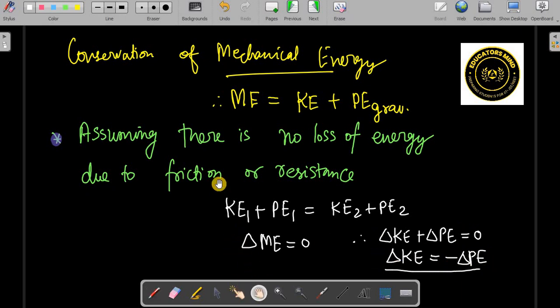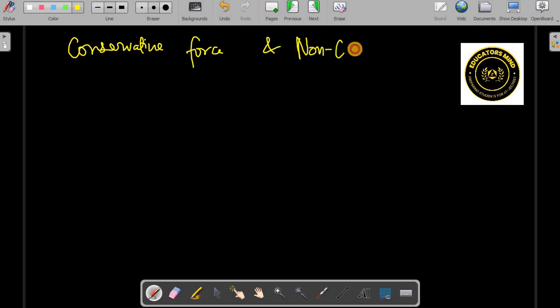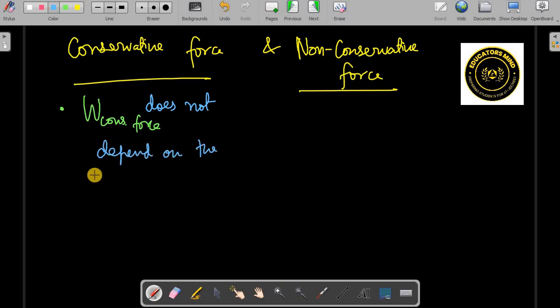Okay, now before we go further, we need to understand what is a conservative force and a non-conservative force. So a conservative force is a force whose work done does not depend on the path.